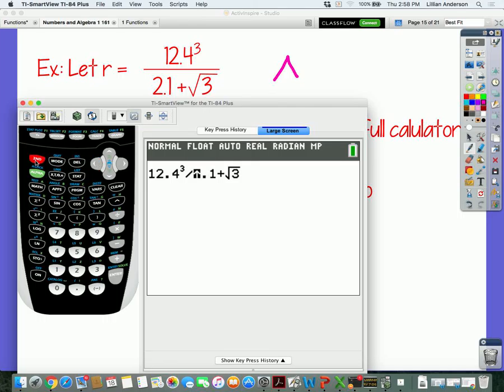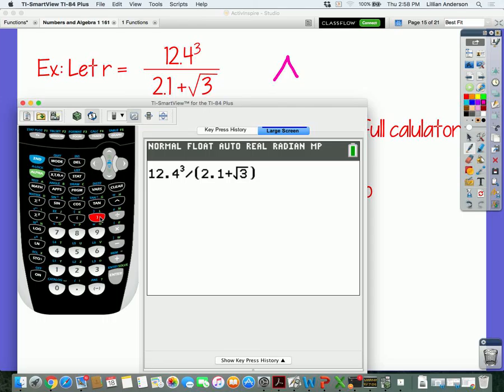You press the second button, and then you press the delete button. Above the delete button, it says INS. That's short for insert. I need to insert in an open parenthesis. And then that way, when I get to the end, I can just close it. Alright? So second delete allows you to insert in things that you forgot.